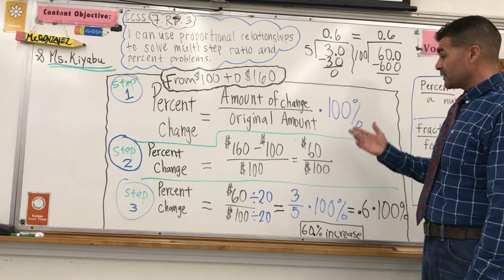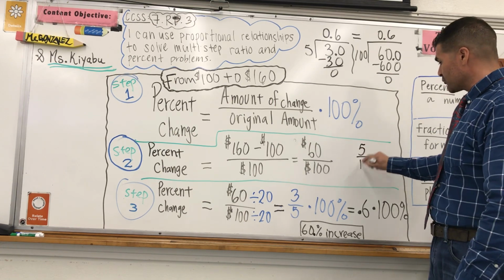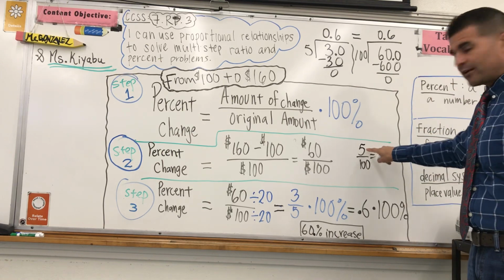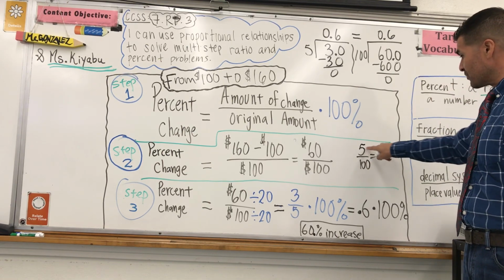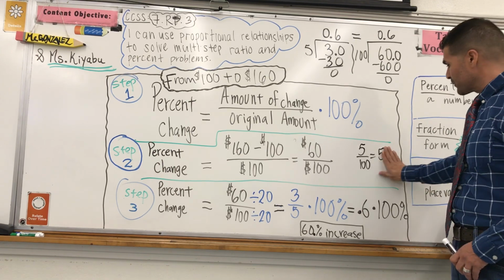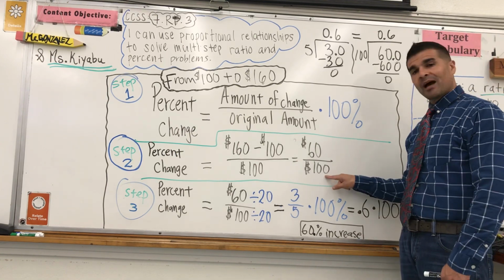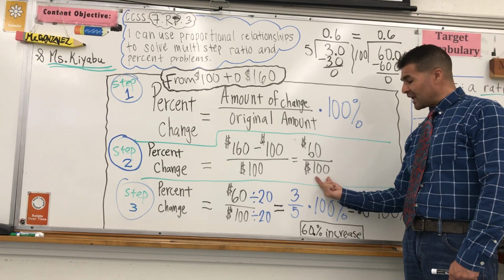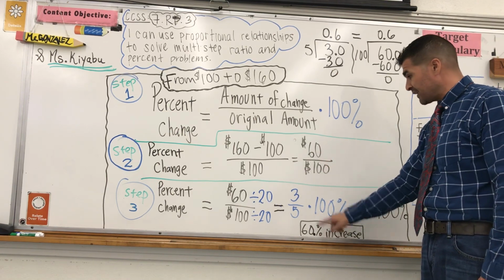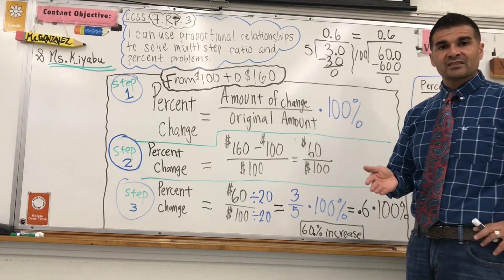So even if I put 5 over 100, 5 over 100 equals 5%. When the denominator is 100, the percent and the money are actually the same. But this isn't always going to happen.